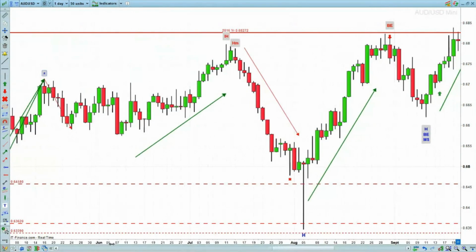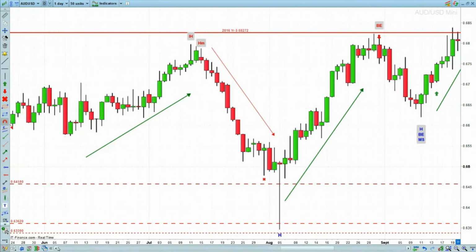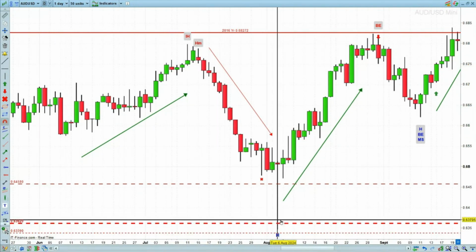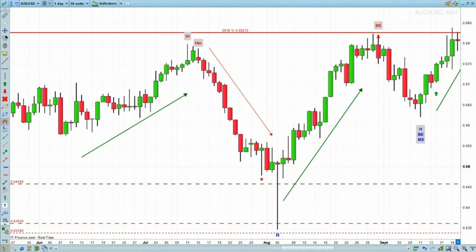The hammer appears after a downtrend at support, and it should not have upper wicks.